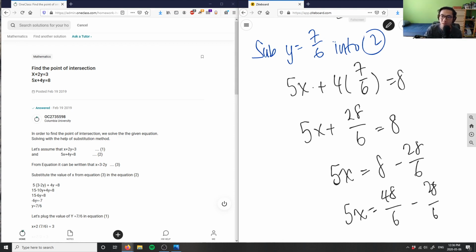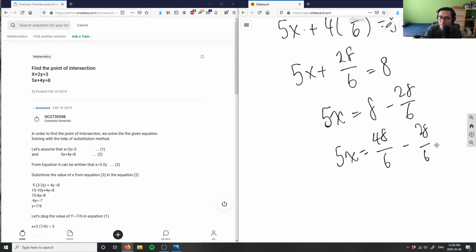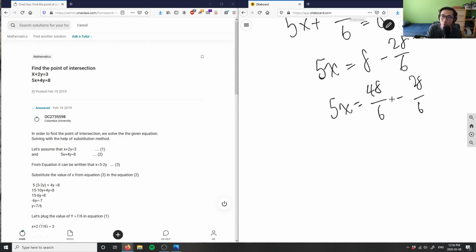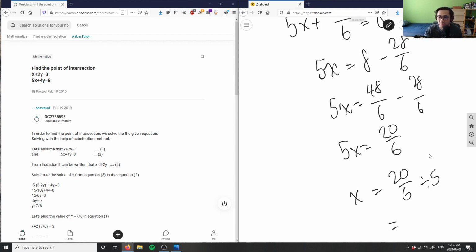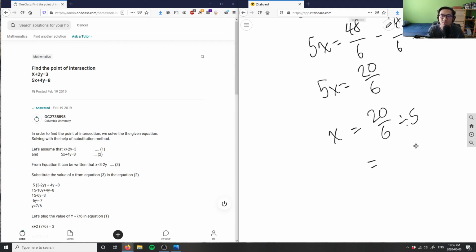I would get 5x equals 20 over 6. Then I can simply divide both sides by 5, which is the same as multiplying by 1 over 5. So 20 over 6 divided by 5 would be 2/3.